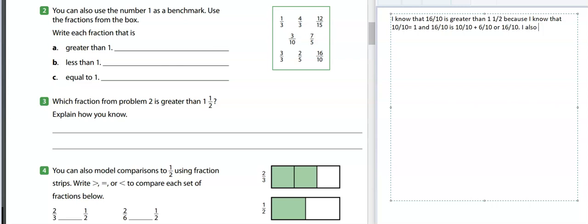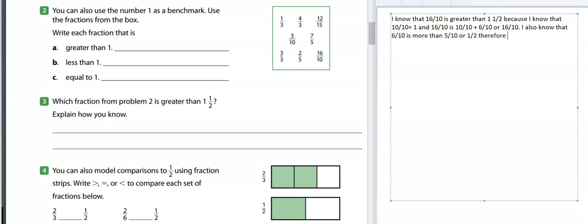I also know that 6 over 10 is more than 5 over 10, or 1/2.